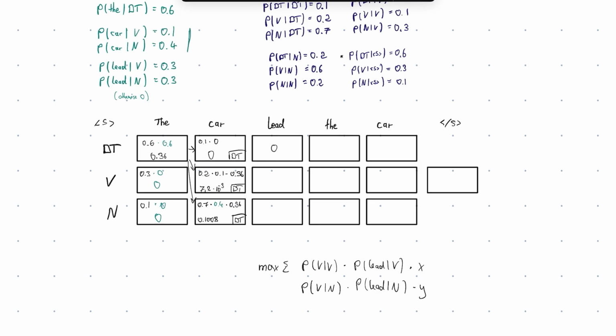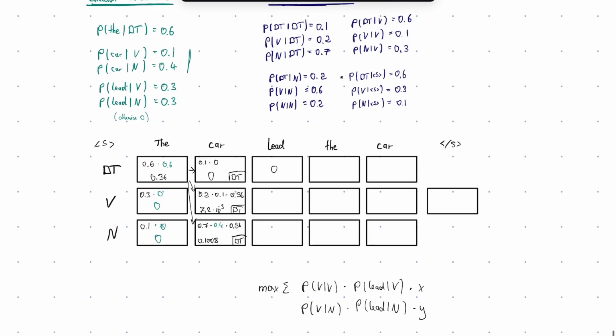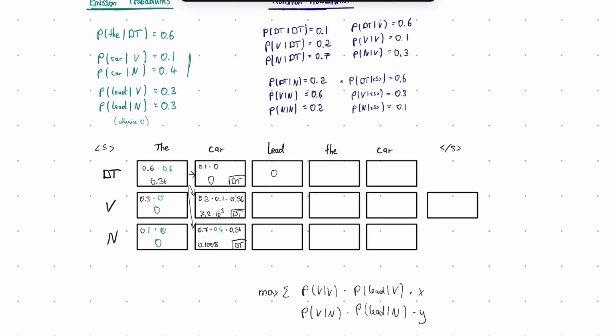When we insert the numbers for verb, we get 0.1 for lead given verb, we get 0.3 for the probability that we are in this path for coming from verb, and verb given noun is 0.6. This one's also 0.3, and the probability for this path is 0.1008.